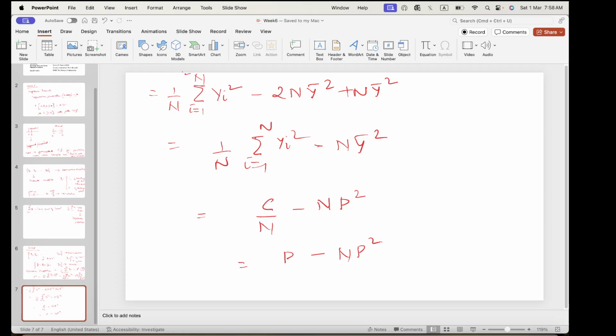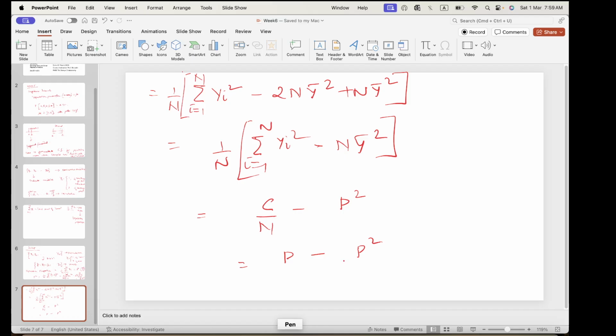Here summation i equal to 1 to N capital Yi square would be the number of cases, by N minus N will cancel, Y bar square is population proportion P square.